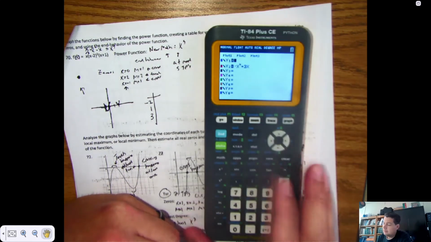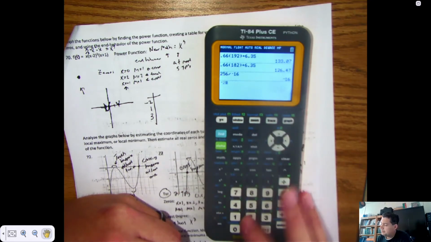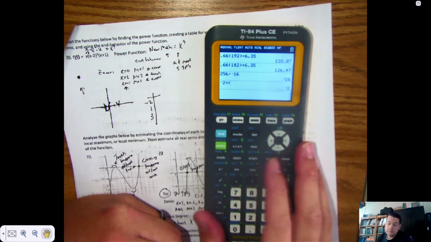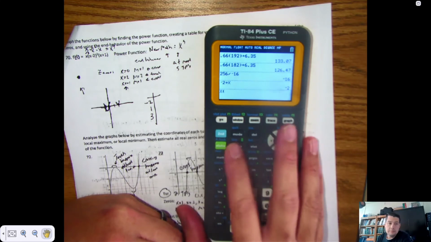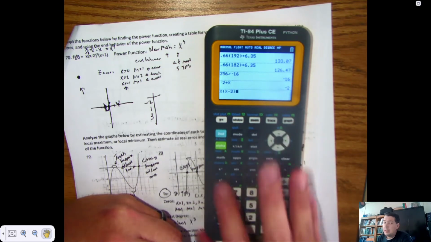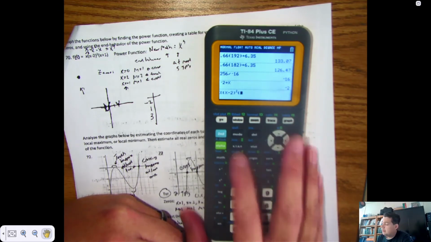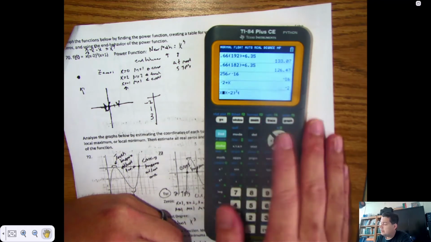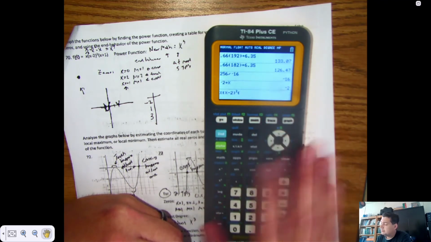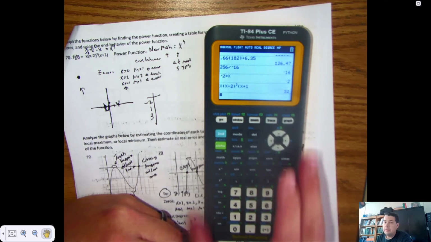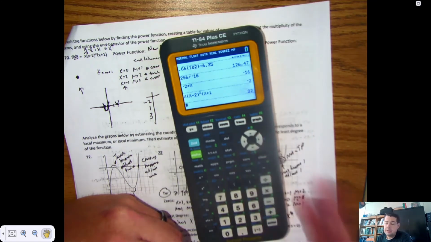If I plug in a negative 2, and I'm going to use the storage feature, because I am tired. Oops, I can't even use a calculator right now. If I plug in a negative 2, I get a 32 returned to me.